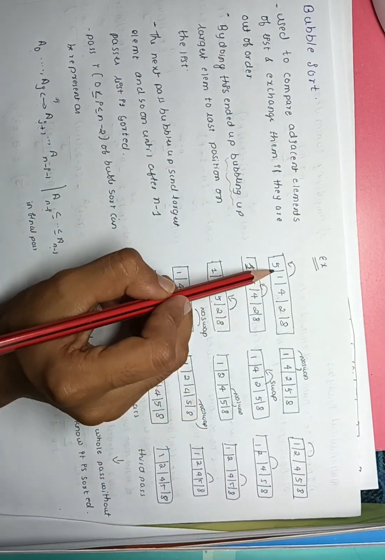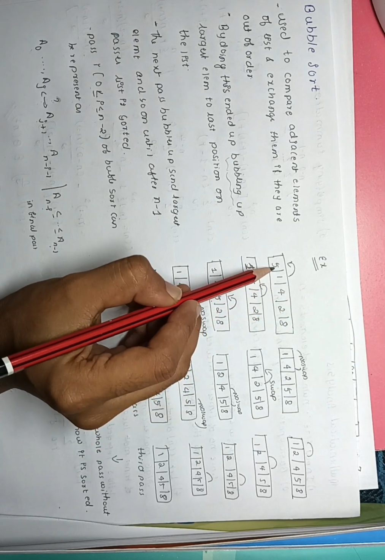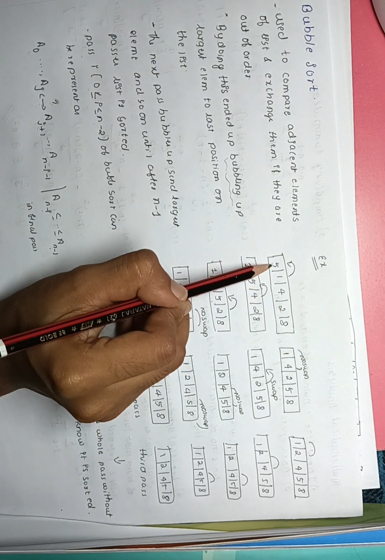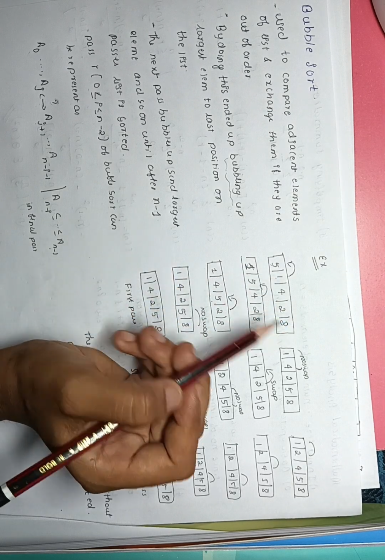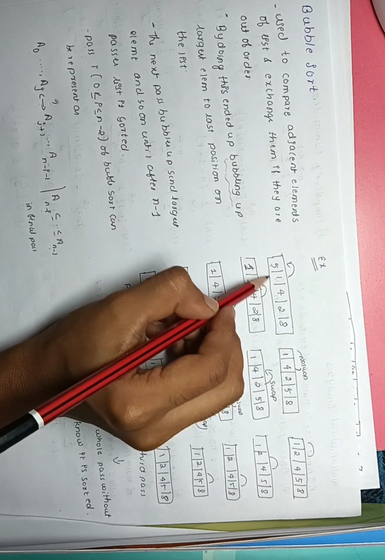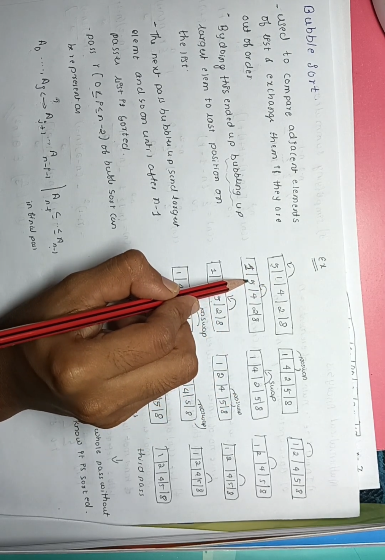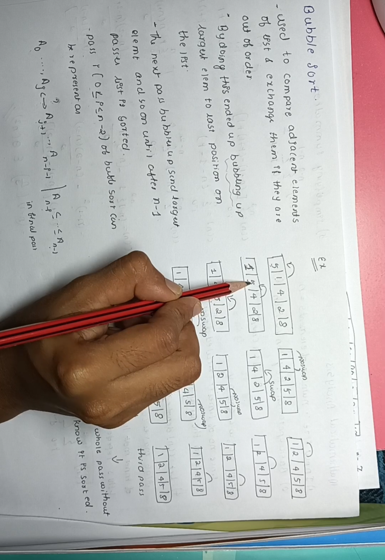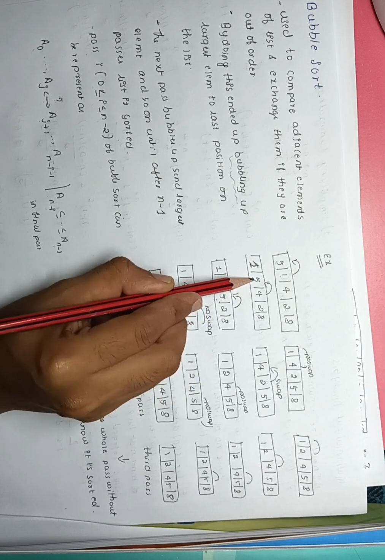Okay, we have an array 5 1 4 2 8. We compare the adjacent elements, and exchange them if they are out of order. In 5 and 1, 1 is the smaller element and it requires exchange. Okay, we exchange 1 and 5. Next, 5 is compared to the next position, whether 4 is less than 5, yes, again swap.